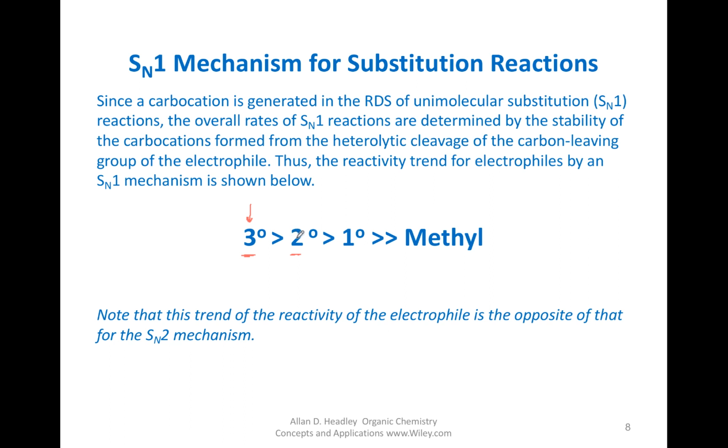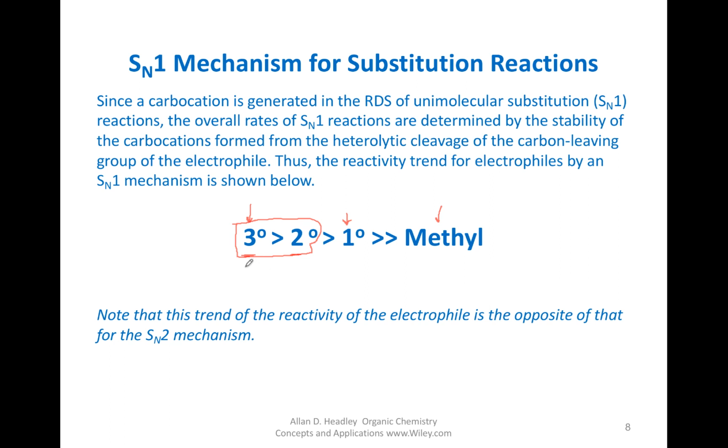And of course primary reacts, but the methyl definitely does not react by SN1 because the primary carbocation is not stable. So the summary, the tertiary and the secondary, are the type of carbocations generated in the first step that we need to be concerned with.